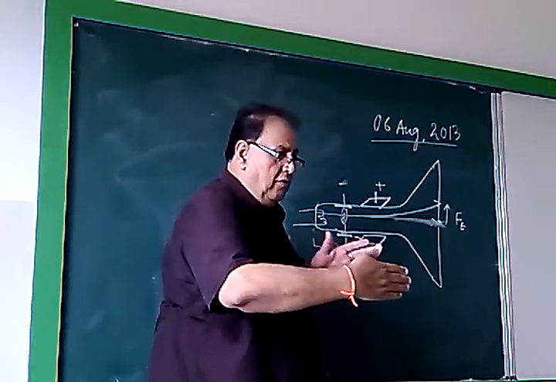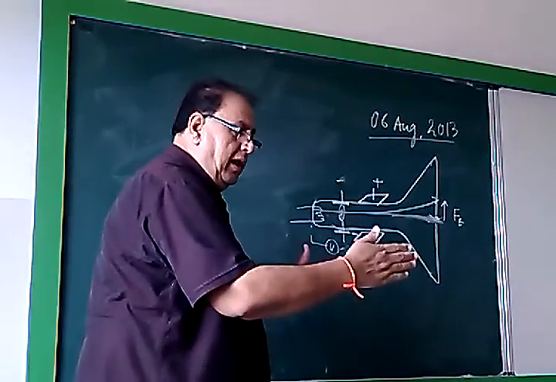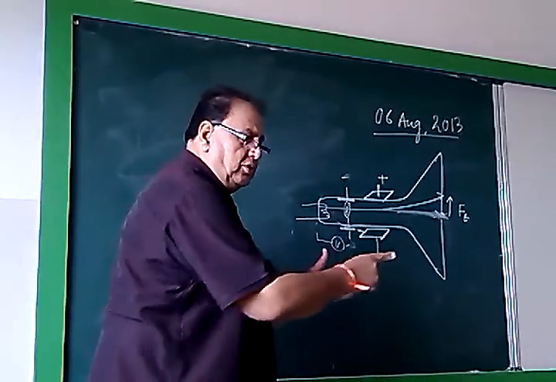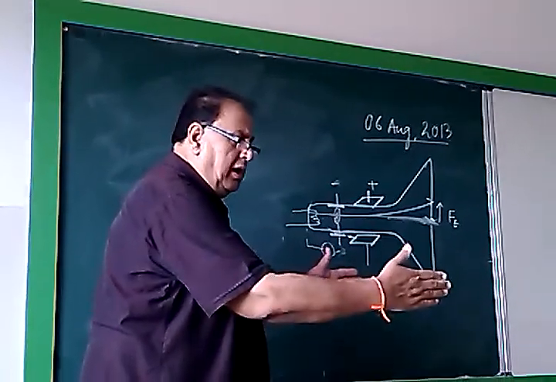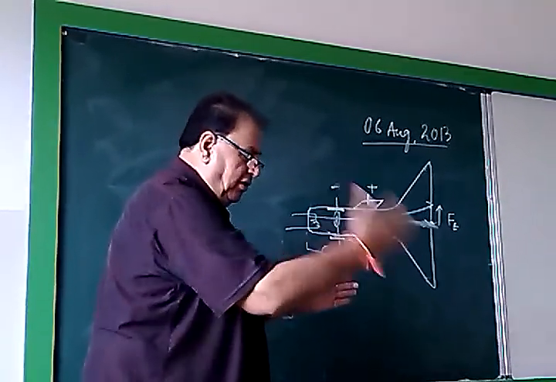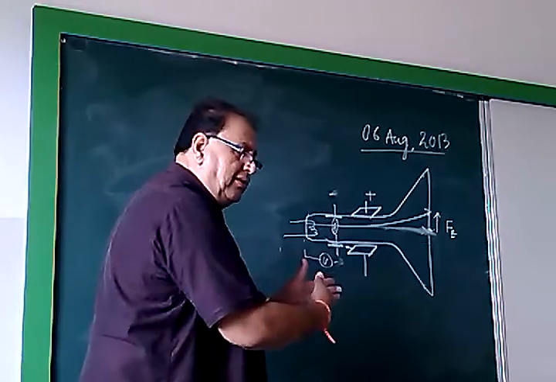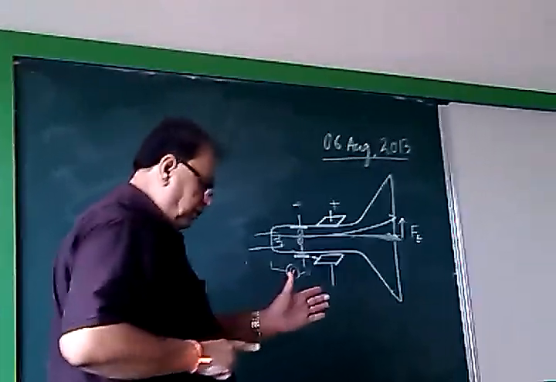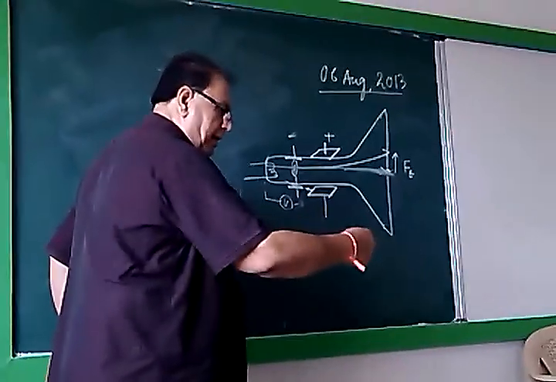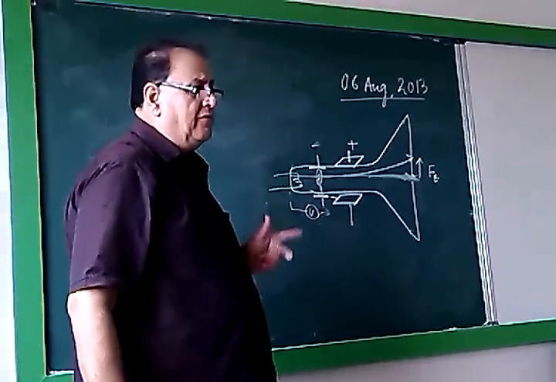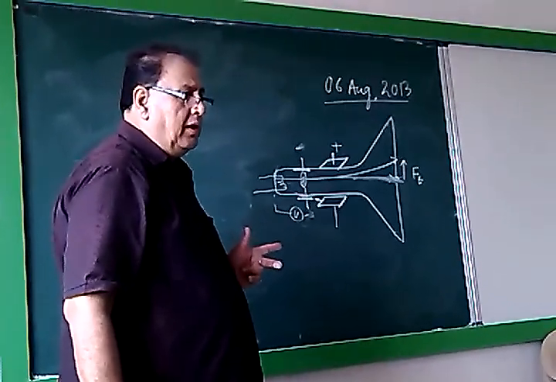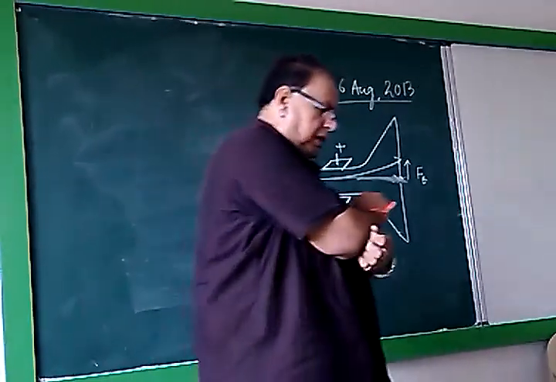When you apply a perpendicular magnetic field and the electron is passing through it, the direction of the magnetic field can be from here. If this is the north pole, this is the south pole, the magnetic field is like this. We'll check what it is. The electron is moving in this direction, the magnetic field is like this, and force will act on it. That is given by Fleming's left hand rule, if you remember that. And that force is equal to vQB.